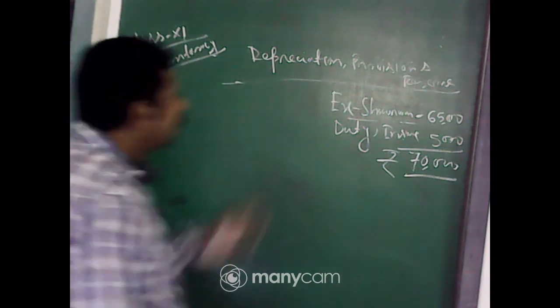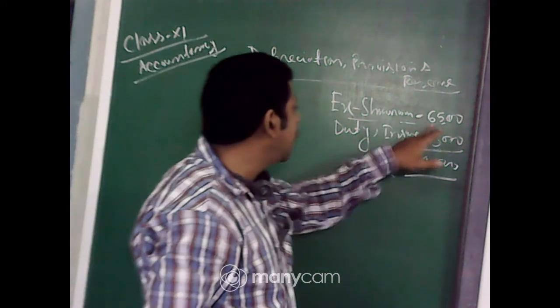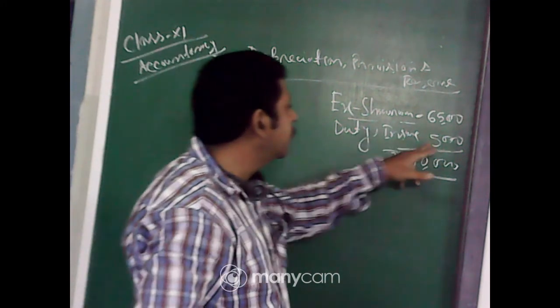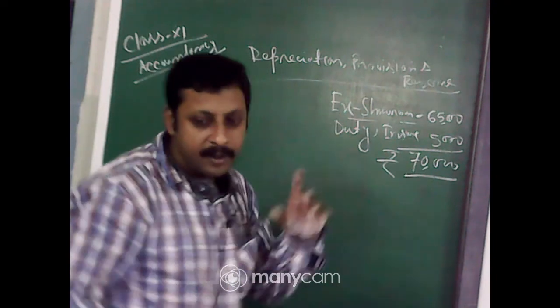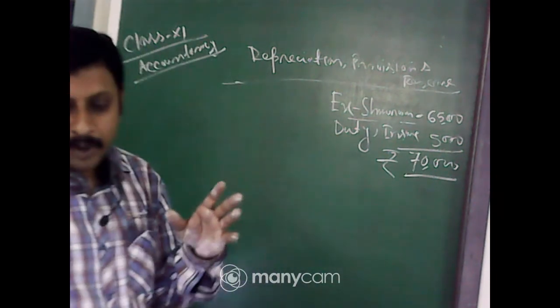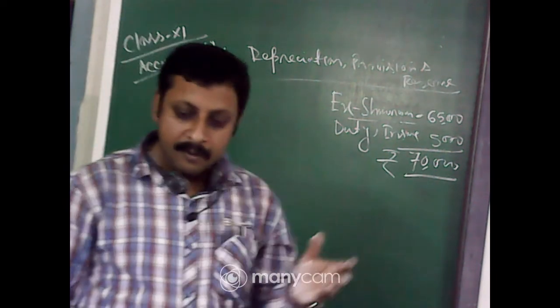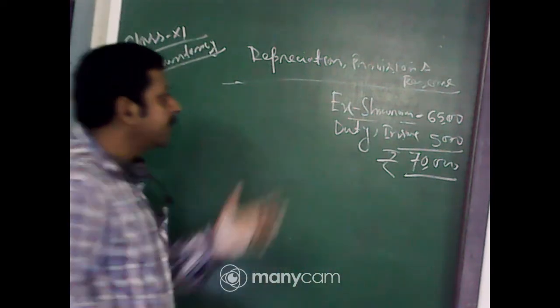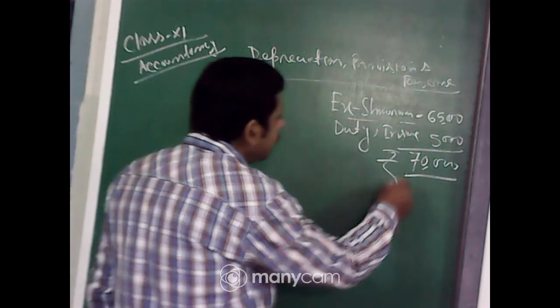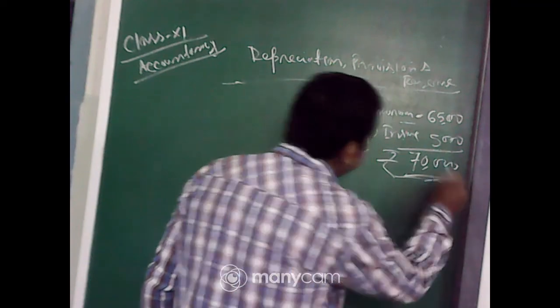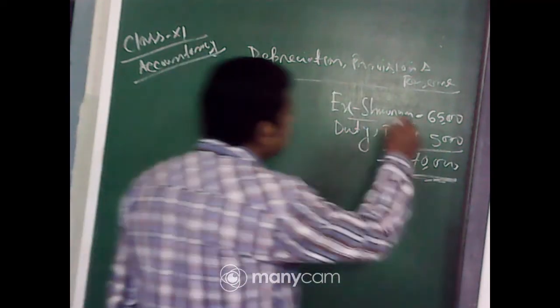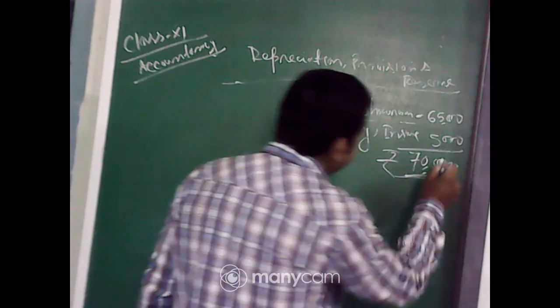So the ex-showroom price is 65,000, and duty and insurance is 5,000. Whatever important things you should know, no tax will be added to the value of the machine or your fixed asset. So the total cost of your motorcycle, that is the scooty, we consider as 70,000.